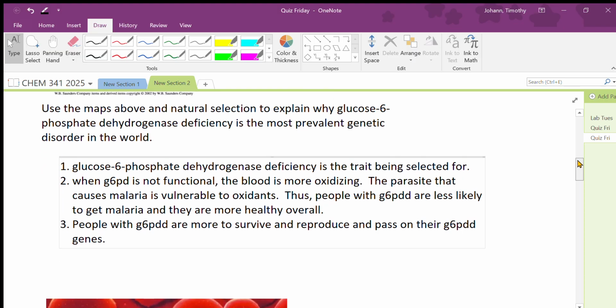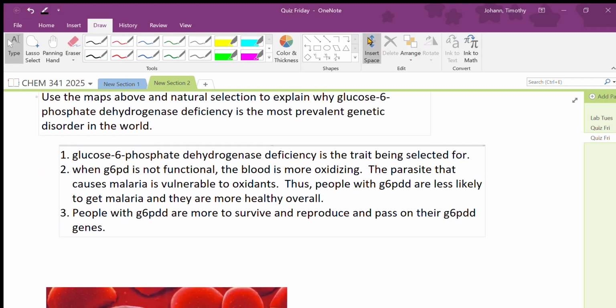Let me talk about one other thing that I didn't see here. Actually, let's talk about the answer first. Make sure your answers don't seem to indicate that the gene or the phenotype becomes created by natural selection.